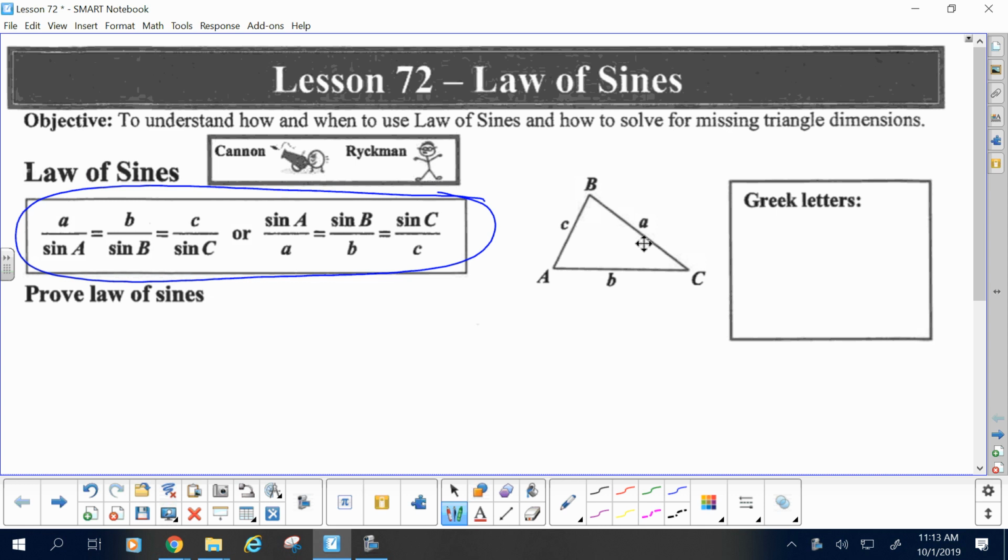The most important thing you need to understand, in order to even use it, is the letters and what they refer to, okay? The ratio of a side to the angle across from it. So when I say little a, then capital A is the angle across from that side. Those are pairs. The side and the angle across from it.